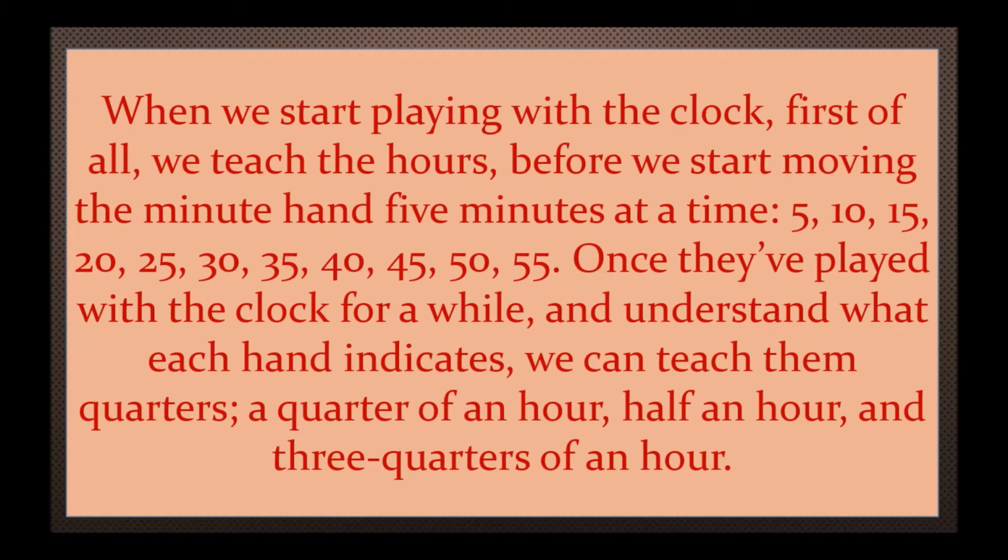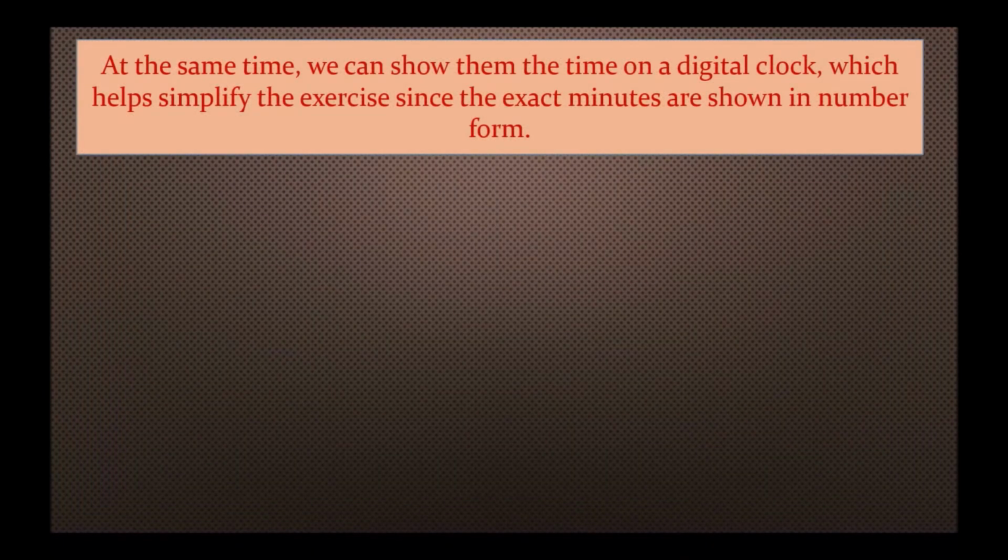Once they have played with the clock for a while and understand what each hand indicates, we can teach them quarters, a quarter of an hour, half an hour and 3/4 of an hour. At the same time, we can show them the time on a digital clock, which helps signify the exercise since the exact minutes are shown in number form.